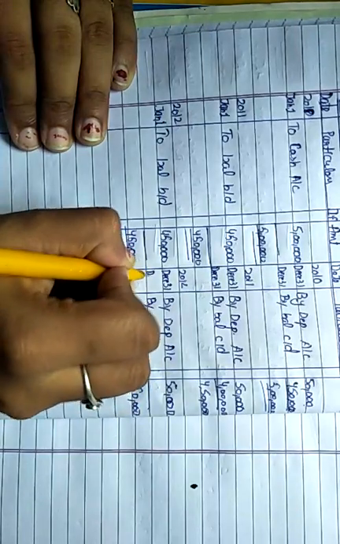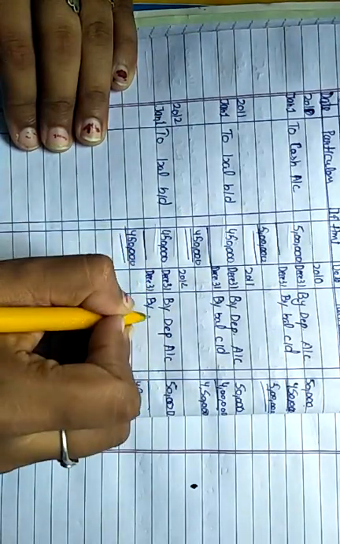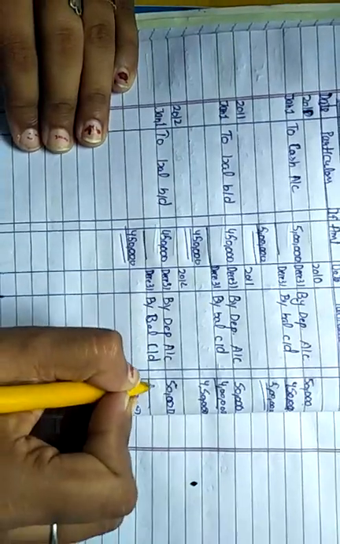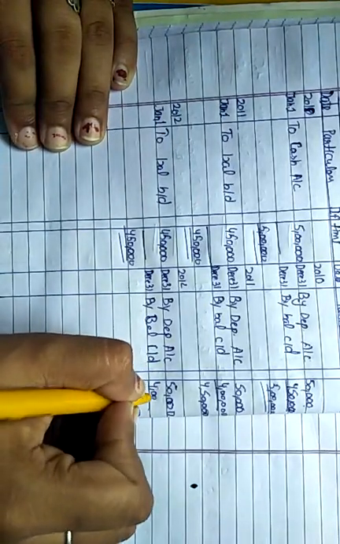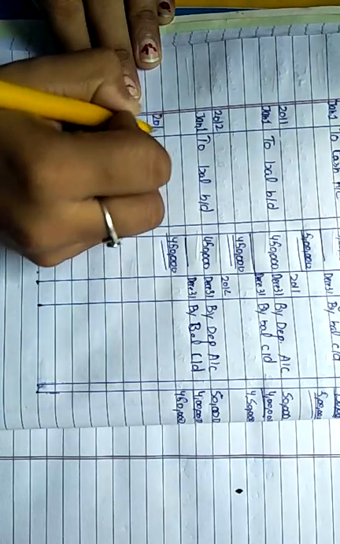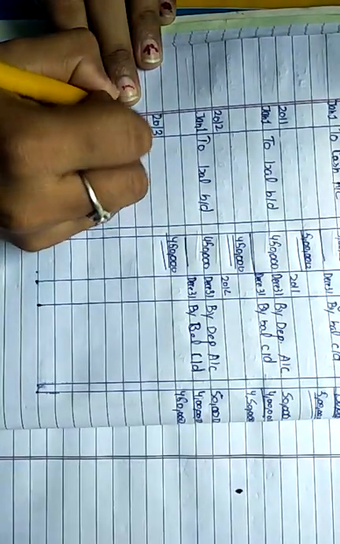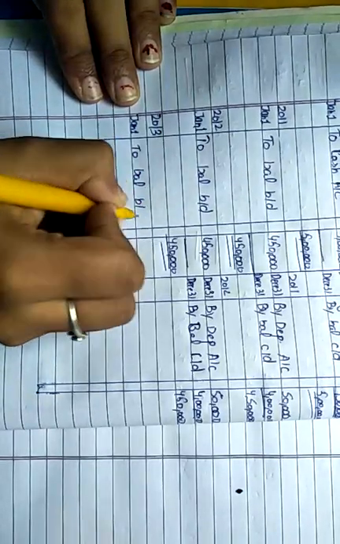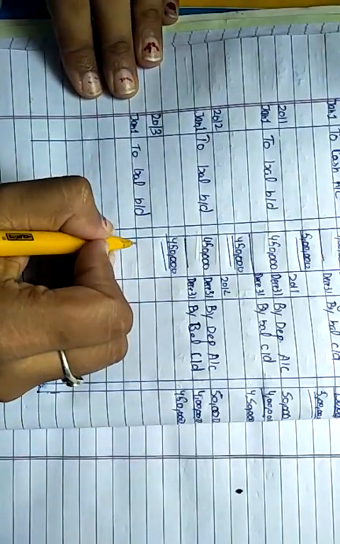By balance carried on at the end of the year, 4 lakh. Okay students, now we bring down the balance again. To balance brought down 4 lakh.